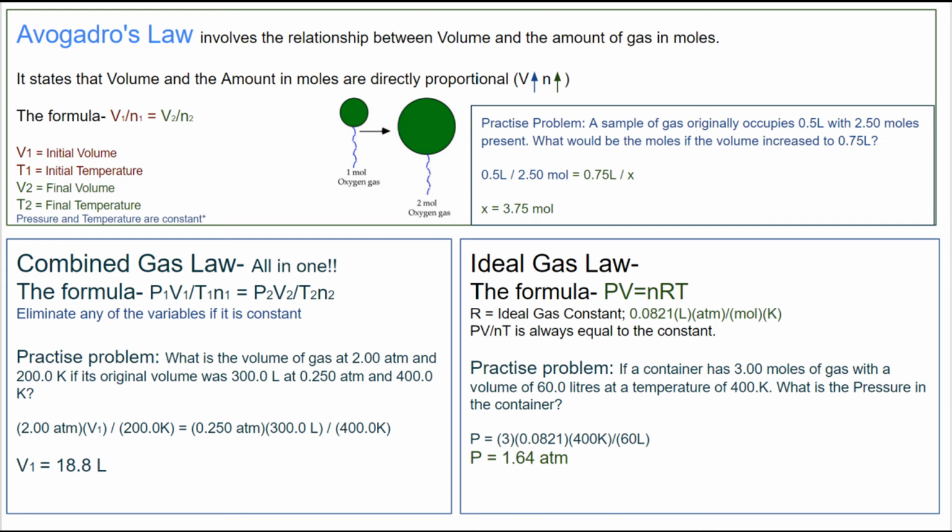If the volume is increased to 0.75 liters, what would be the moles? So basically 0.5 liters would be the initial volume, V1, 2.5 moles would be N1, and 0.75 liters would be V2.